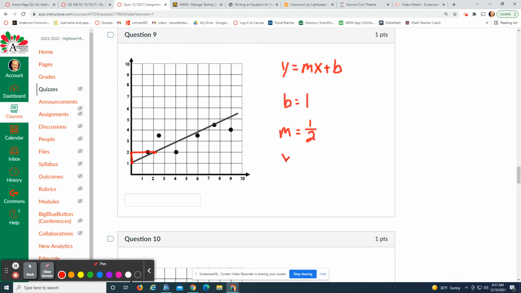So the equation I would write would be y equals 1/2 x plus 1. And I would type that in that box. Y equals 1/2 x plus 1. No spaces, nothing like that in between there. I literally type in y equals 1/2 x plus 1. There's no need for spaces.